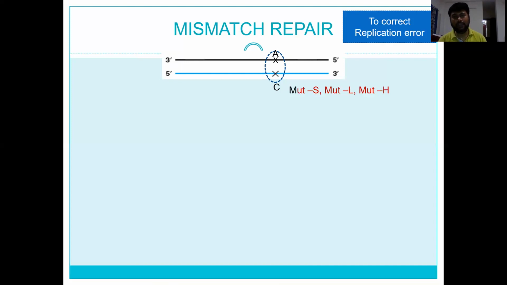Usually after replication, some of the bases in the newly synthesized strand will undergo methylation, which we call post-replicational modification. Usually these modifications happen after a small delay after the replication. There is always a lag between replication and these post-replication modifications, and it is only during that time gap that our repair mechanism works.